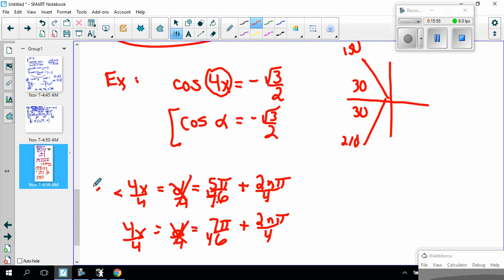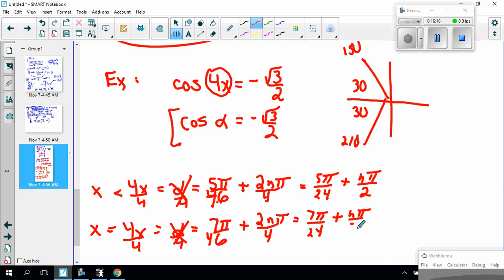And this is x, and this is x. So 5 pi over 24 plus n pi over 2, and 7 pi over 24 plus n pi over 2.